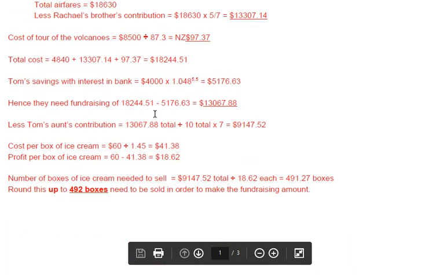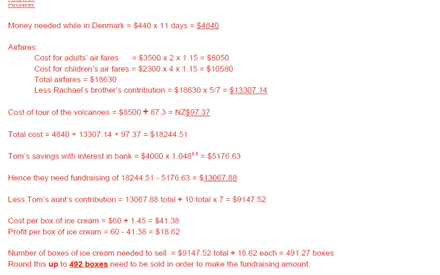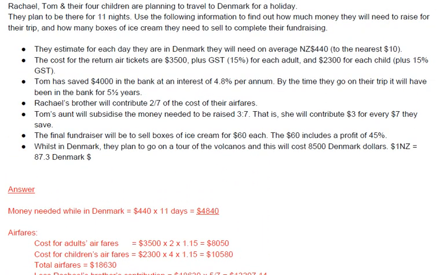Right, so now we need to work out Tom's aunt's contribution. The reason we've left that until a little bit later is because if you look over here, Rachel's brother's contribution was towards the airfares. So we did that with the airfares, it's already sorted out. However, Tom's aunt is something else. This is the money needed to be raised, 3 to 7.